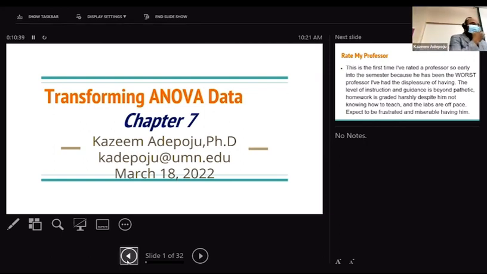That is the reason why we need to investigate whether assumptions hold or not. If assumptions are violated, then we need to transform our ANOVA data.